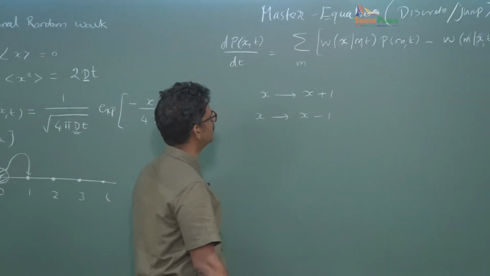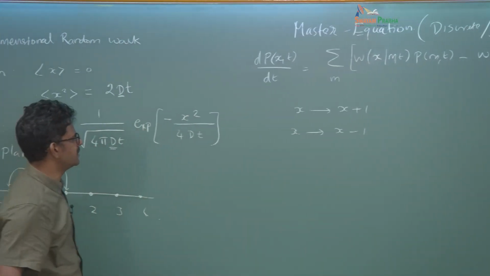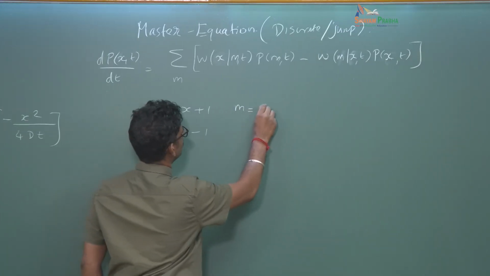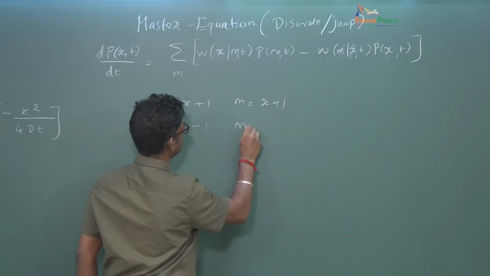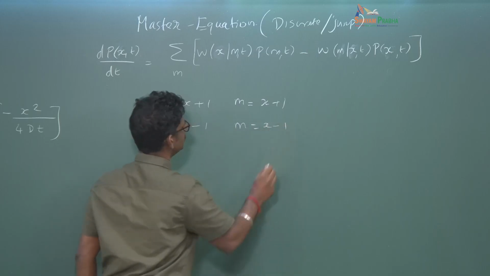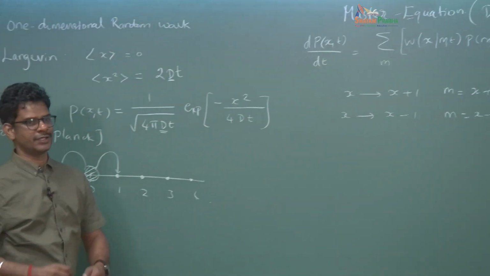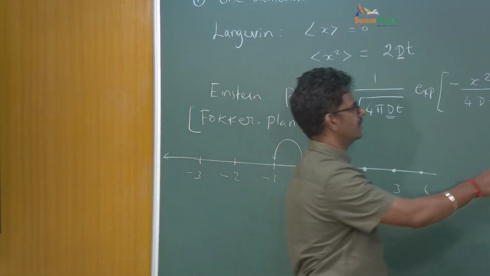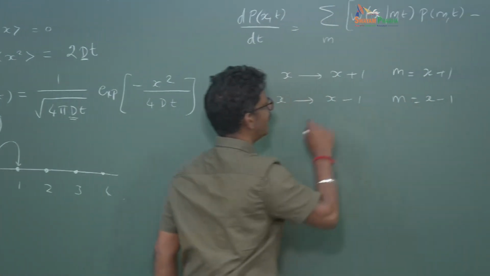So what that means is that now m can take a value of x plus 1 or x minus 1. These are the 2 possible values of m. You cannot go to x plus 2 and you cannot go to x minus 2. Those jumps are not relevant. So now we can write this equation for 2 values of m.